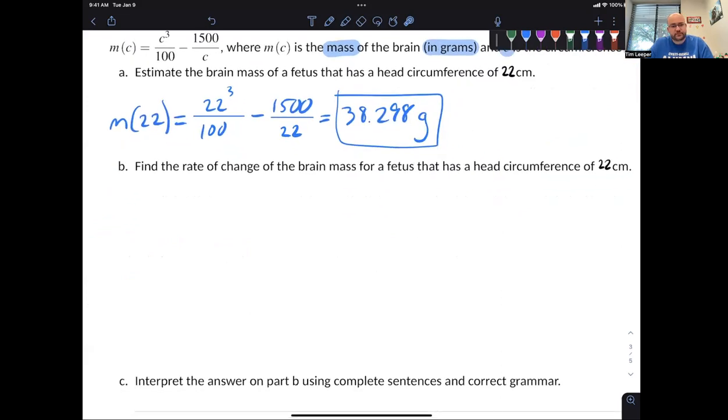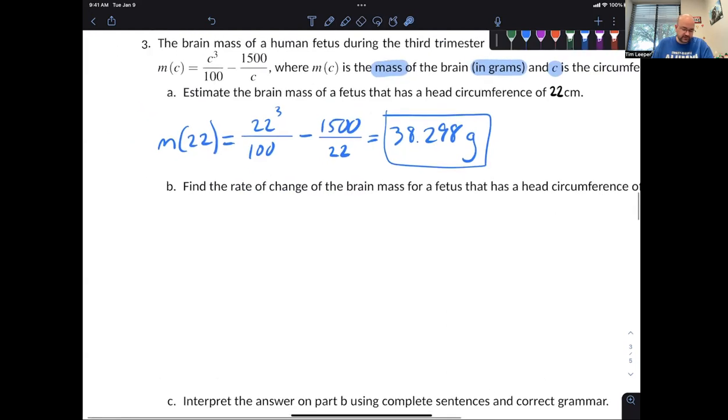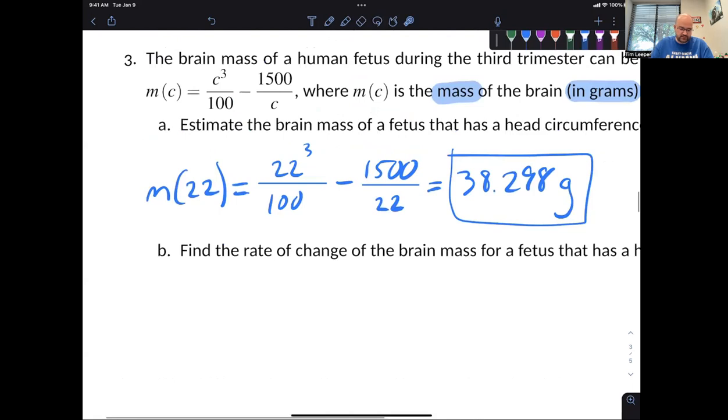Letter B. Find the rate of change of the brain mass for a fetus that has a head circumference of 22 centimeters. Notice that the only difference here is we want to find the rate of change of the brain mass for a circumference of 22 centimeters. So the rate of change should tell you derivative. But before you take this derivative, we want to rewrite this a little bit.